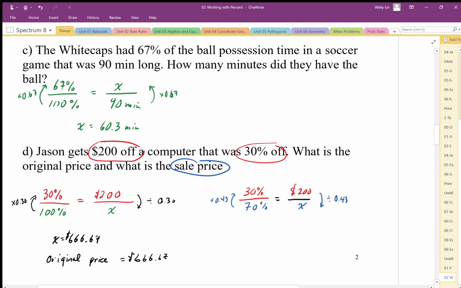So 200 divided by 0.43, we get the x directly as 466.67.